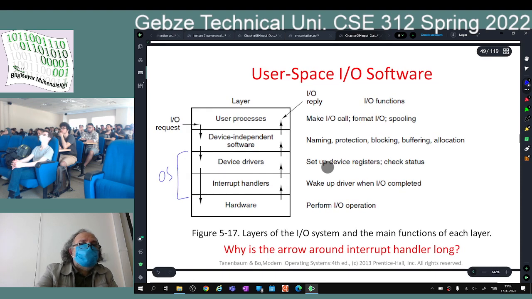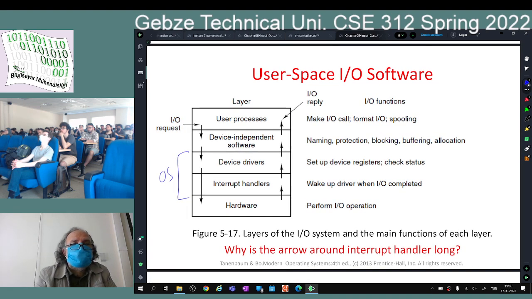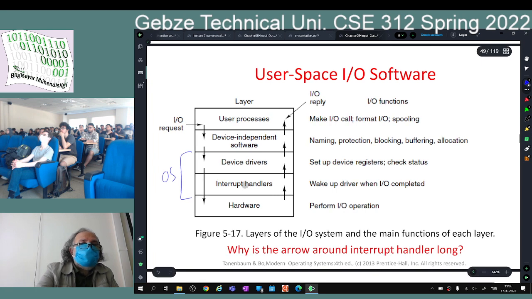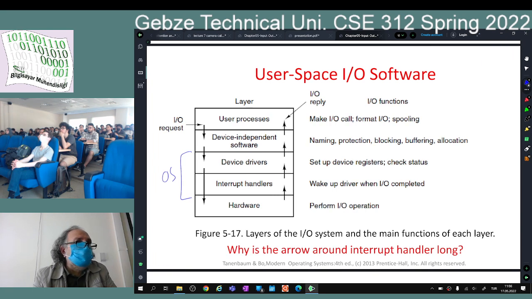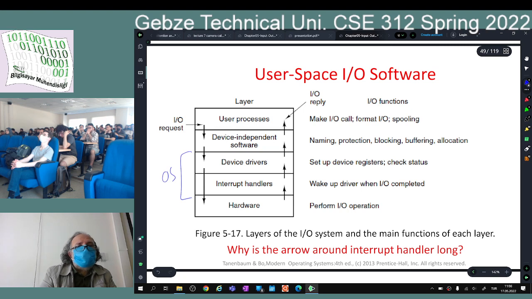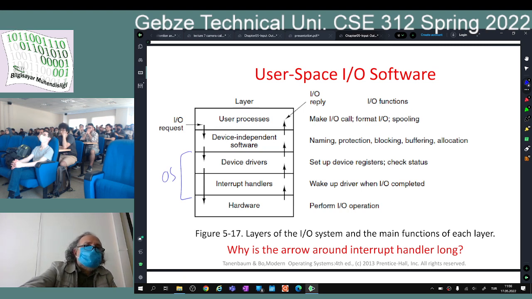They can go into the controller, change their device registers, check status. Interrupt handlers, whenever something happens with the device, are called, and the real hardware performs the I/O operation. So it is layered. I ask you, then you ask this, then you ask this, and it comes back again.